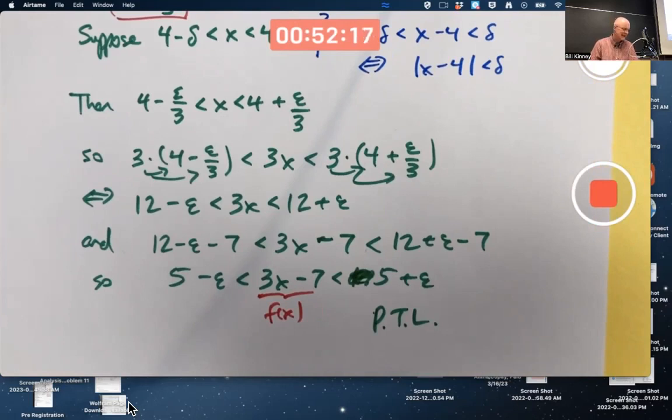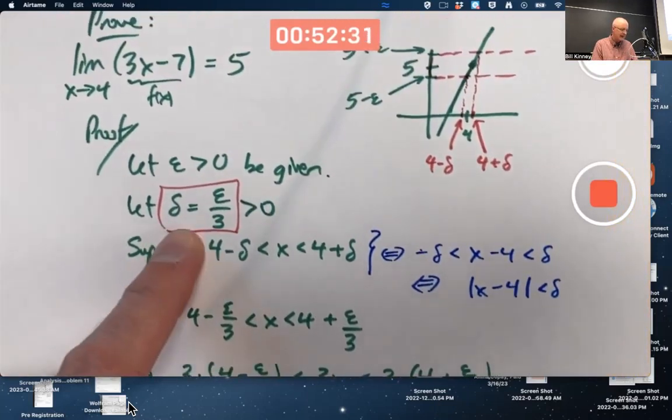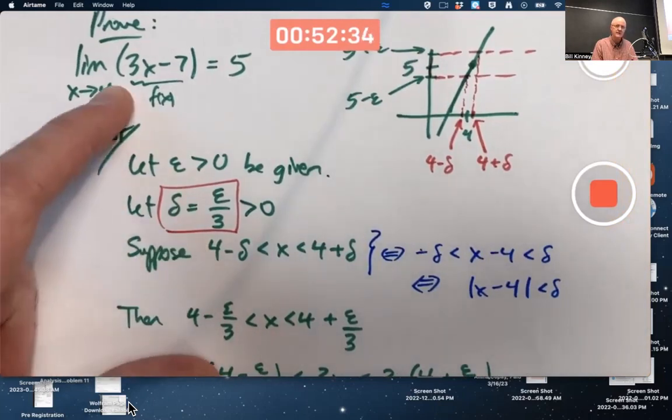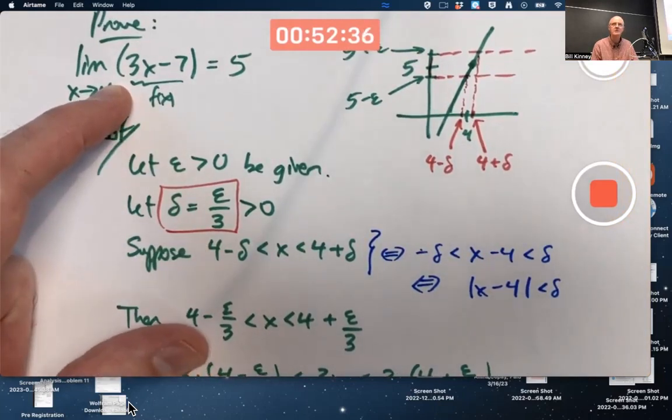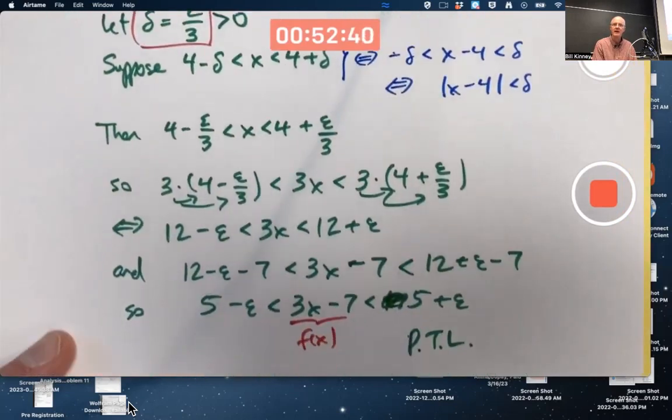Would you have to do this on the test? I don't know yet. I've got to think about it. It's certainly something that in the meantime you should study. You should think about. The trick that I did of telling you to pick delta to be epsilon over whatever the slope is will always work for linear functions. As long as you don't make any algebra mistakes, it will work out.